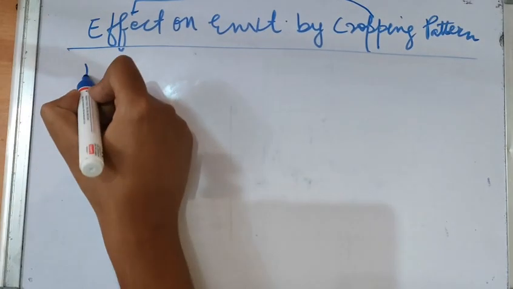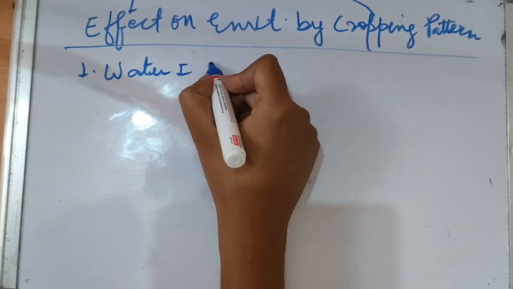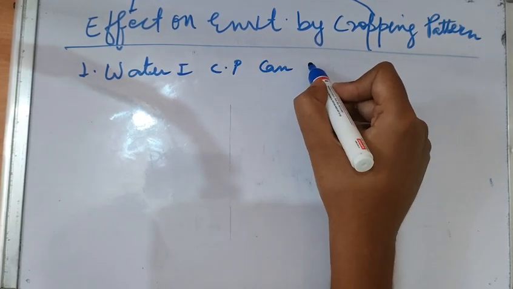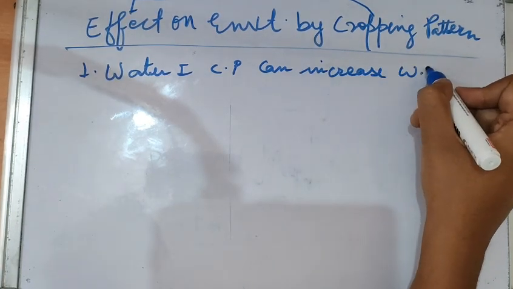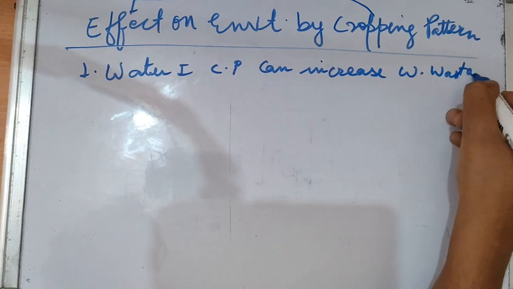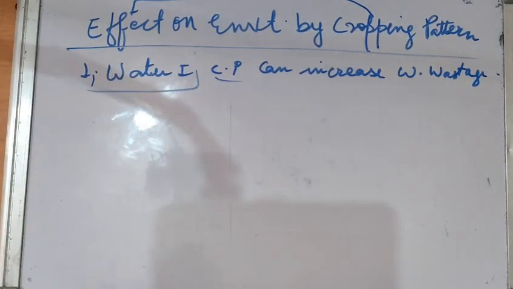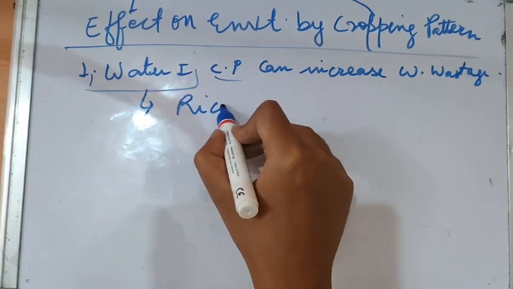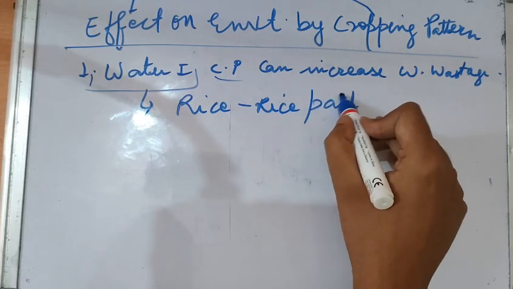First of all, first point here we can write: water intensive cropping pattern can increase water wastage. The cropping patterns requiring high irrigation increase water wastage. Example, which cropping pattern you can give here as an example? That is rice patterns. And rice is a very water intensive crop.